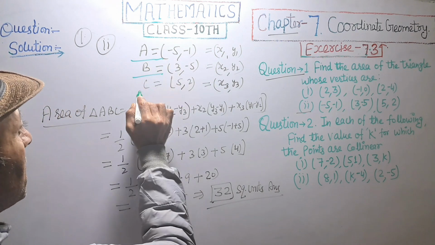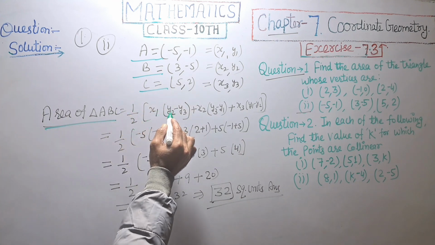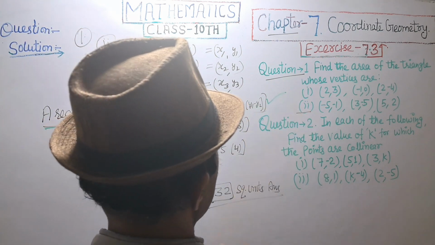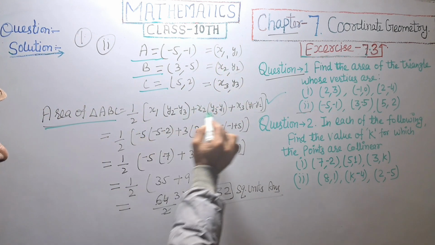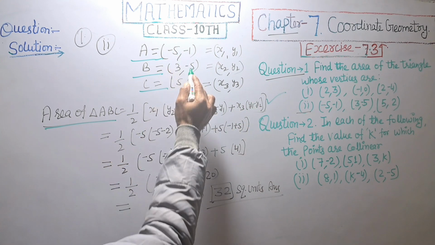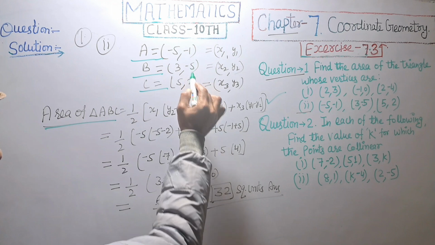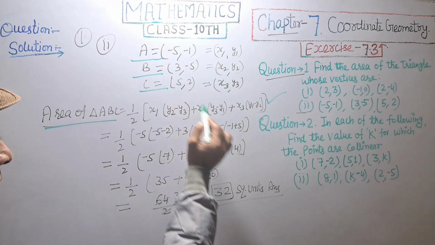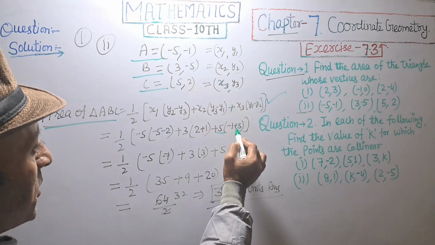Given A, B, C and area of triangle, using the formula area of triangle equal to half x1 (y2 minus y3) plus x2 (y3 minus y1) plus x3 (y1 minus y2), and putting the values of x1, x2, x3, y1, y2, y3 in this formula, we get half into x1 is minus 5, y2 minus y3 is minus 5 minus 2, plus x2 is 3, y3 minus y1 is 2 plus 1, plus x3 is 5, into minus 1 plus 5.